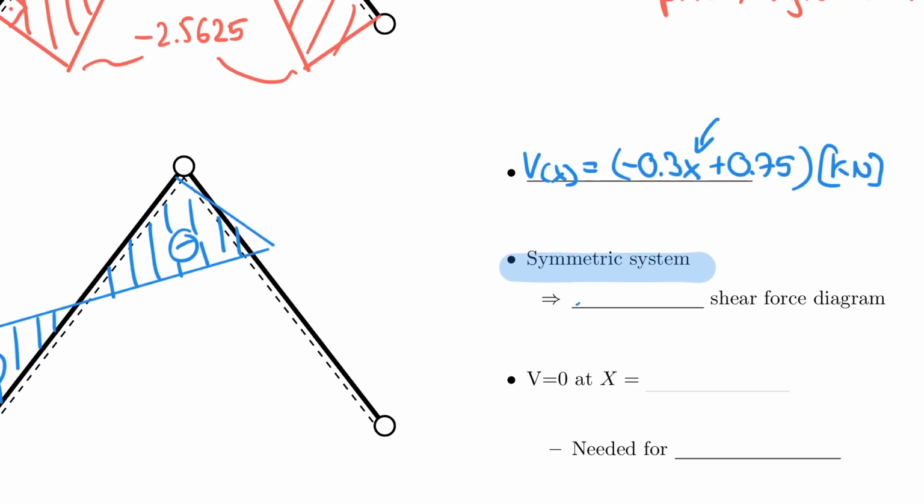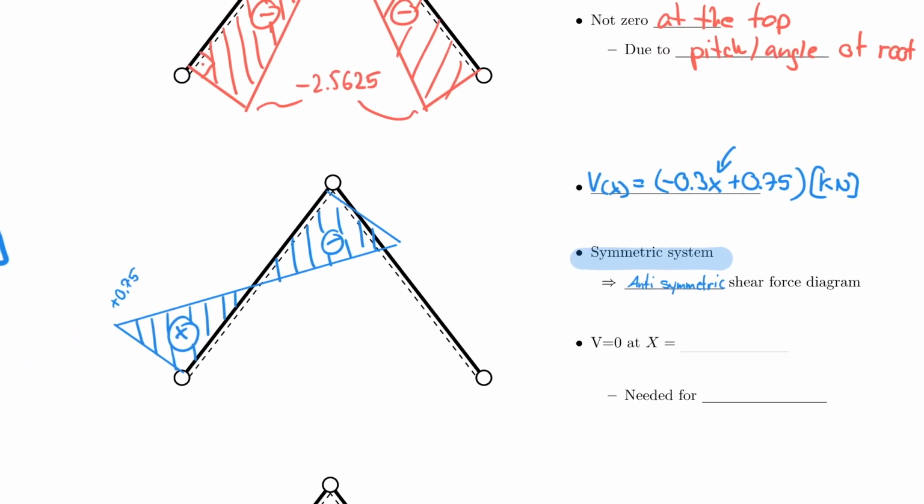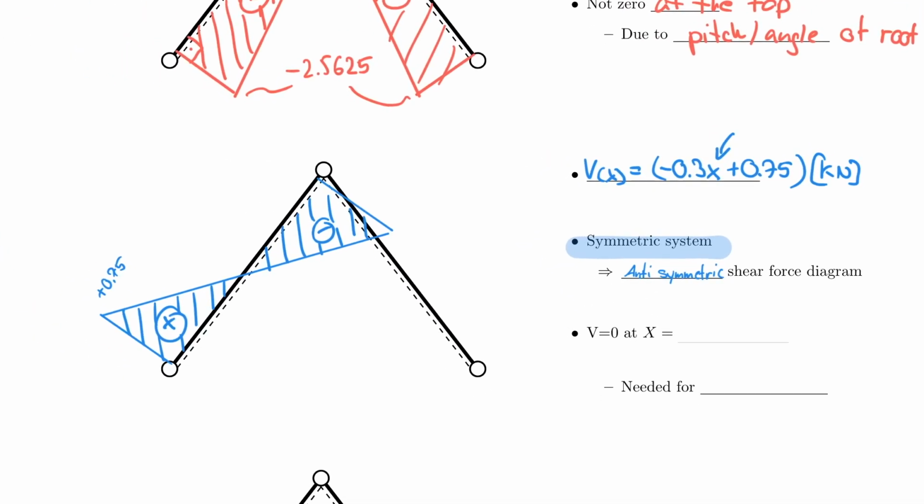So how does it apply now? Instead of starting at a positive value on the foot, I have a negative value. And then here on the top, I have a positive value. And I can connect the dots again. And I get a very similar picture.